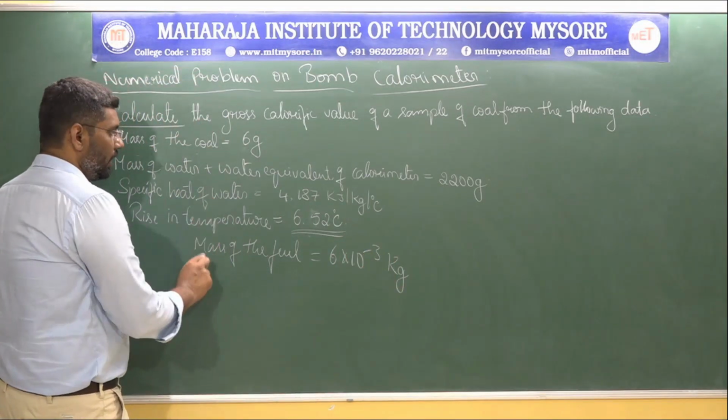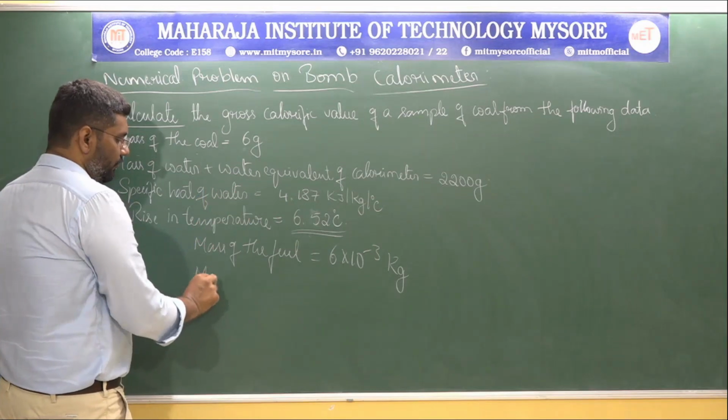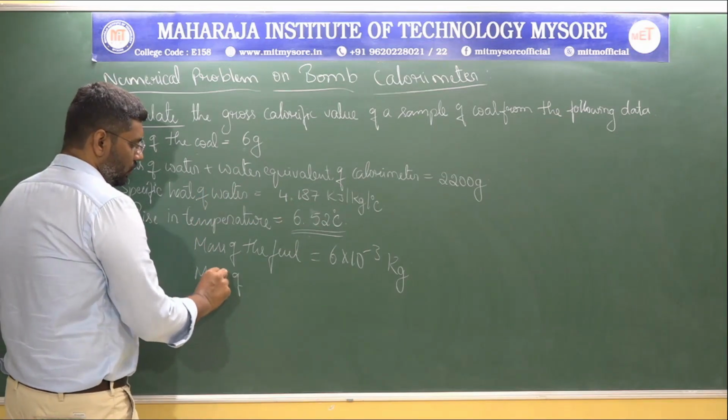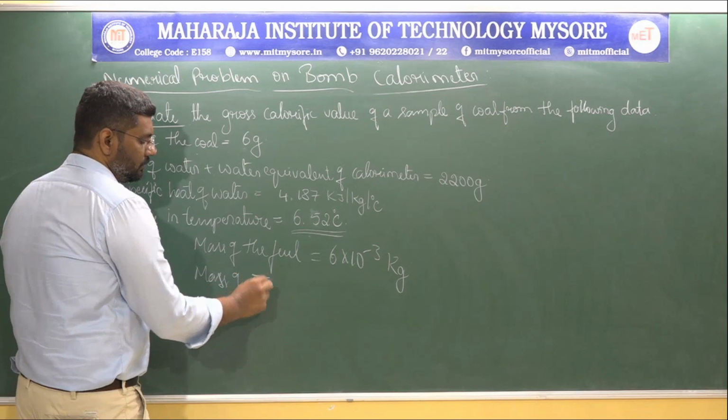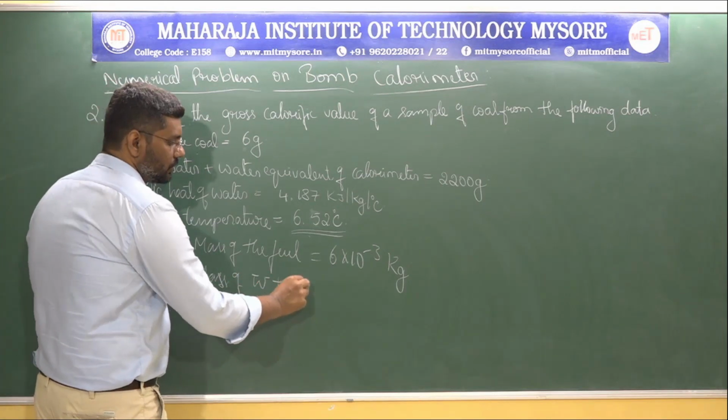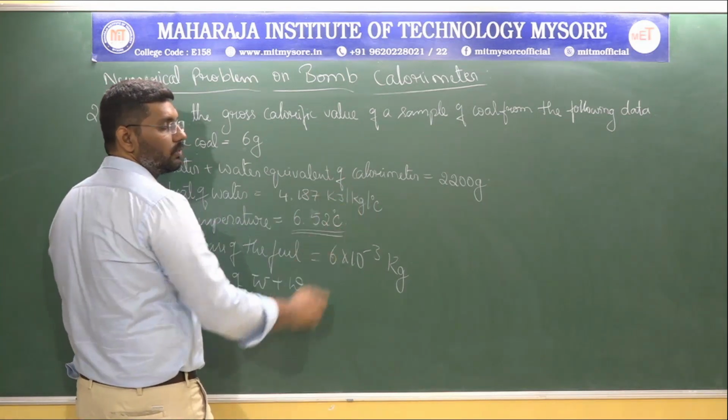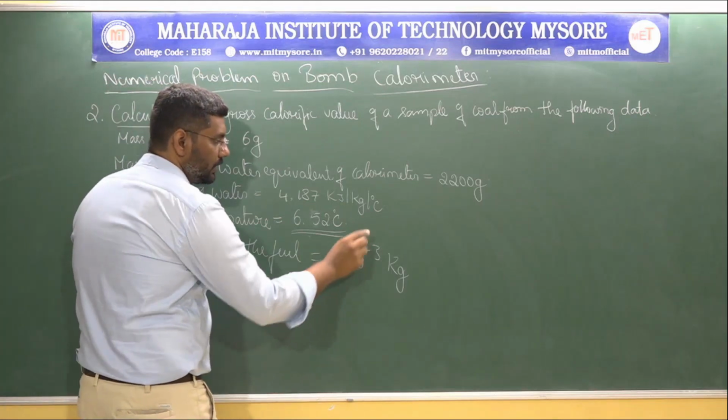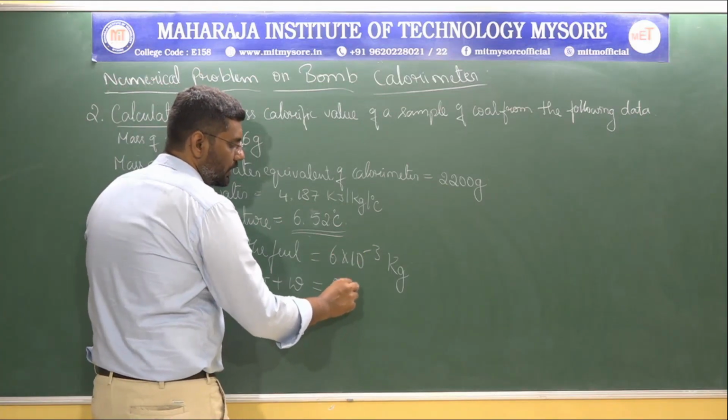Next, we have to convert the mass of water, that is capital W plus small w, the water equivalent of calorimeter. He has given that as 2200 grams.